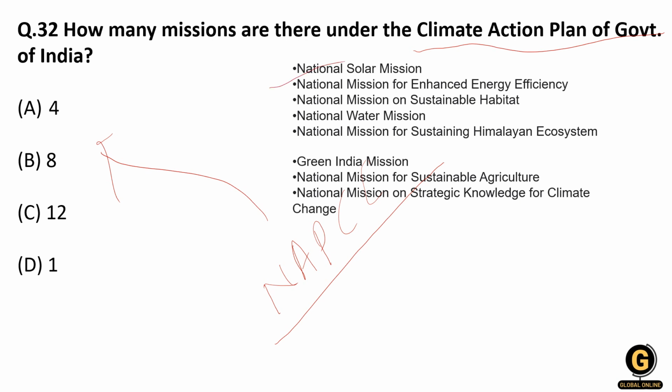National Solar Mission, National Mission for Enhanced Energy Efficiency, National Mission on Sustainable Habitat, National Water Mission, National Mission for Sustaining the Himalayan Ecosystem, Green India Mission, National Mission for Sustainable Agriculture, and National Mission on Strategic Knowledge for Climate Change. You have to remember all those missions and their full forms, because sometimes they will give you the acronym and ask for the full form, right? So remember, under the government's action plan for climate control, there are 8 missions.